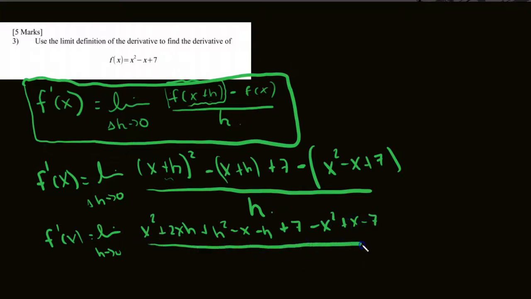And this is always going to be this big, and you're going to see that a lot of stuff gets cancelled out. This x gets cancelled out with that x. This 7 cancels out with that 7. The x squared here gets cancelled as well. So we get left with h squared plus 2xh minus h, all over h.